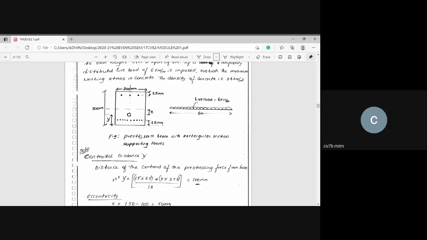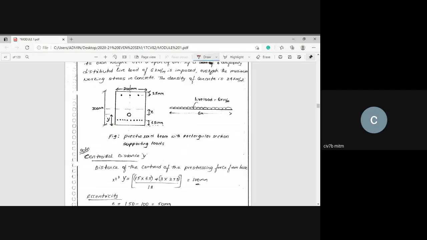Now the number of wires is 15. The centroidal distance of these wires is measured from the base, because here I have clearly mentioned from the base. So 15 wires multiplied by 65, plus the topmost 3 wires multiplied by their distance, which should be measured from the base.